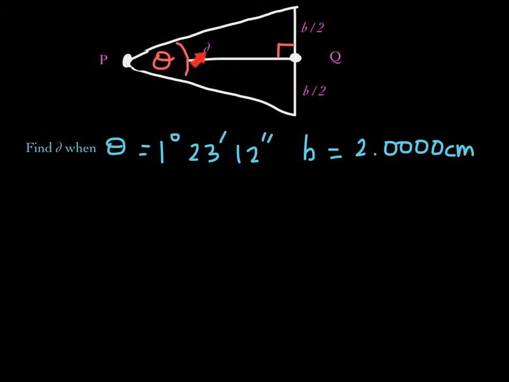Find this distance when theta is 1 degree, 23 minutes, and 12 seconds, and B, the bar, is 2 centimeters long. Notice how they gave you these measurements. Let's count significant digits. 1, 2, 3, 4, 5 significant digits here. And you have to count all these zeros. 1, 2, 3, 4, 5 significant digits. So remember that for our final answer.